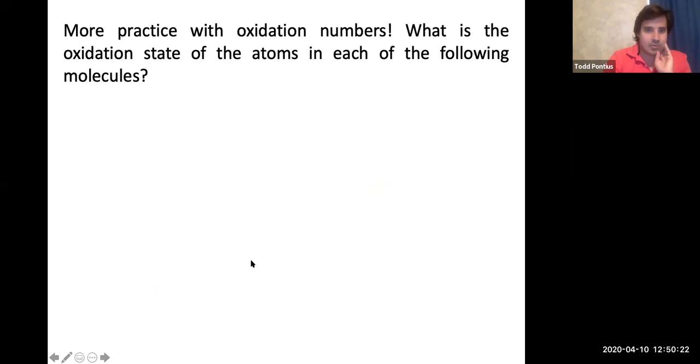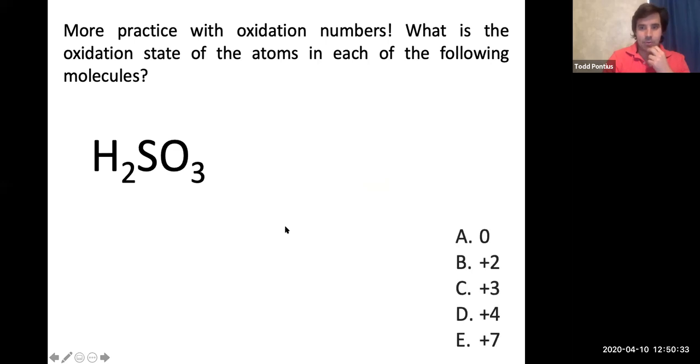So now let's do a more interactive version of this. We're going to look at some more complex molecules here, and I want us to do this in a poll style. So up first, we have this H2SO3. And the question is, what is the oxidation number on this sulfur?